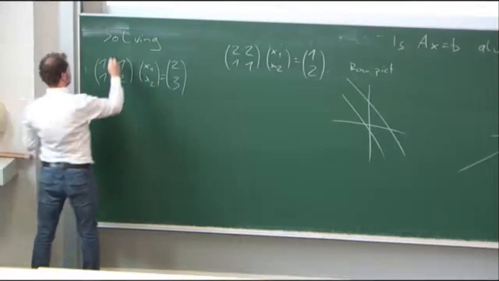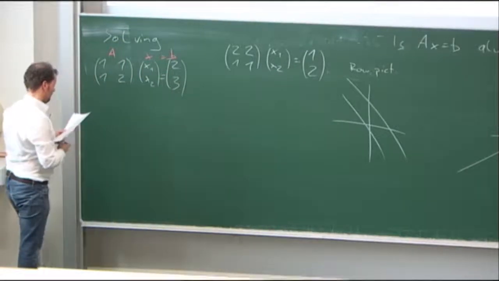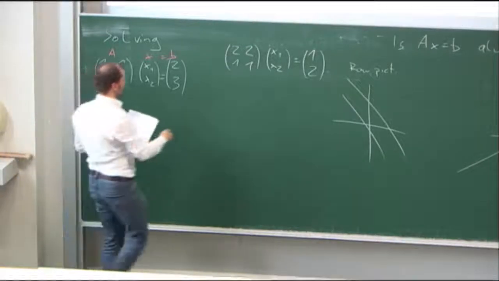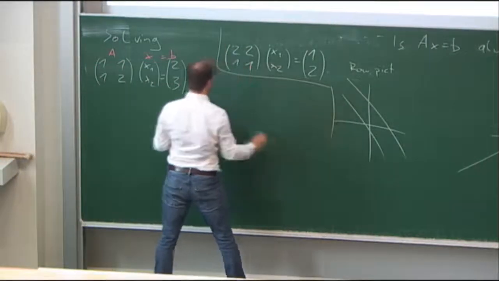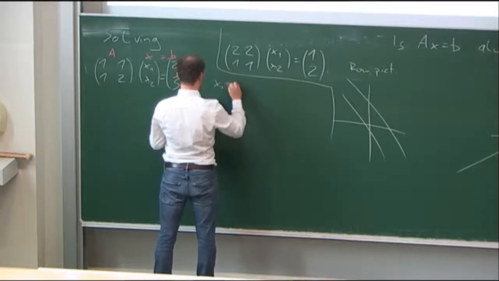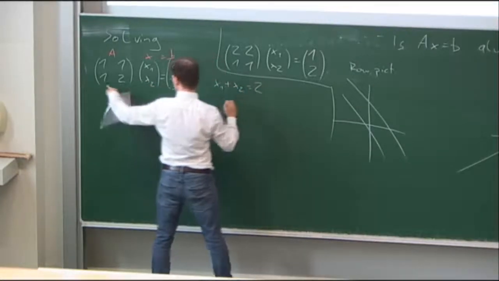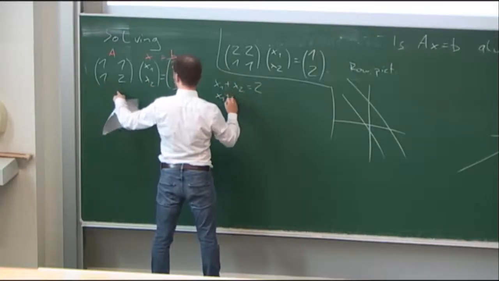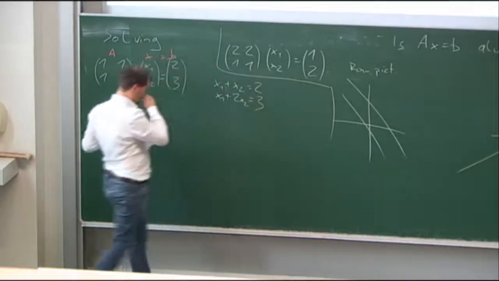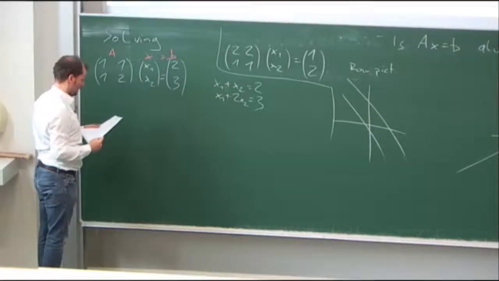So this is Ax = b, and it corresponds to the equations x1 plus x2 is 2, and x1 plus 2x2 is 3. And now we want to find x1 and x2 such that this is true.